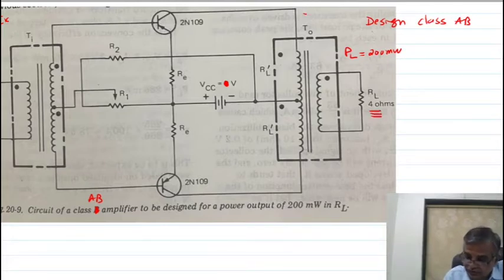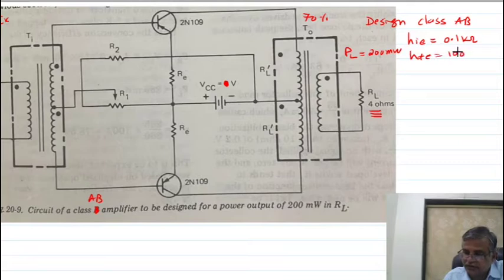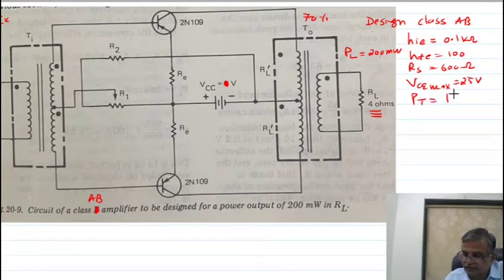They have given this output transformer is 70% efficient. Your transistor hie is 0.1 kilo ohm, hfe 100, RS 600 ohm, VC max is 25 volt, PT of transistor is 165 milliwatt.